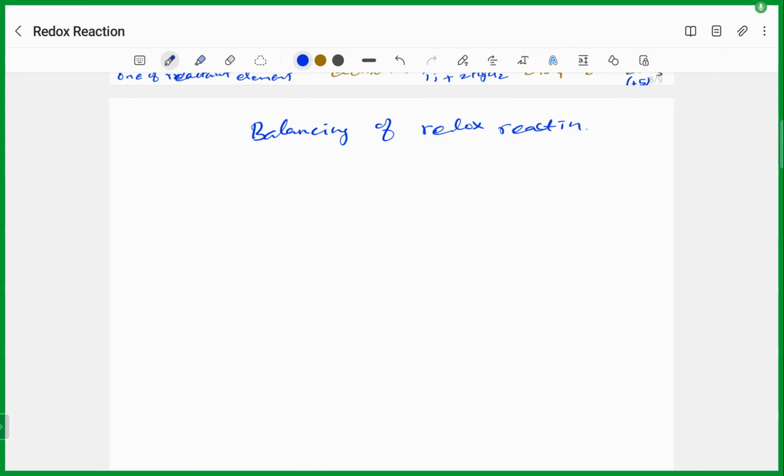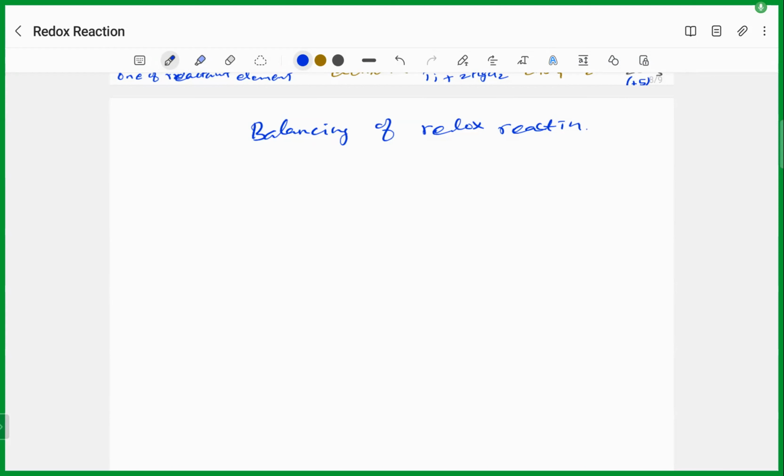Then 3 OH minus, then 3 H2O liquid, it gives PH3 gas plus 3 H2PO2 minus aqueous. That's all. Now look, it has balanced correctly. Finally we reduced it. We add here and reduce. That's it. Finally hydrogen and oxygen.